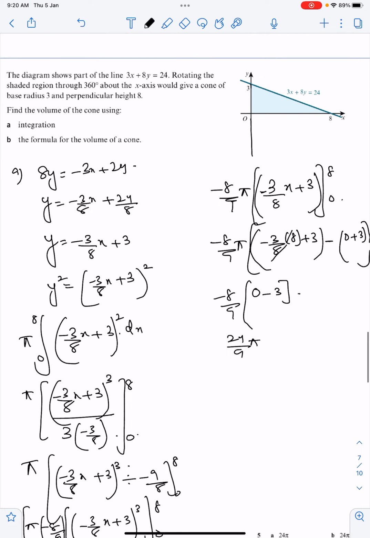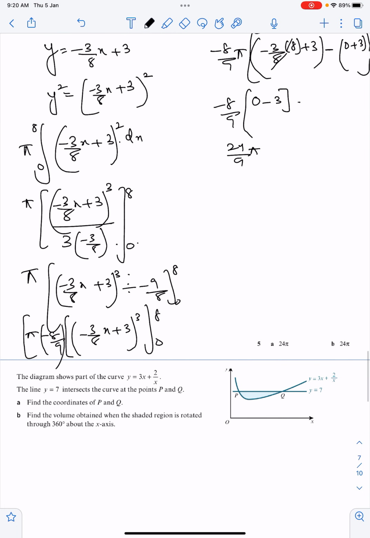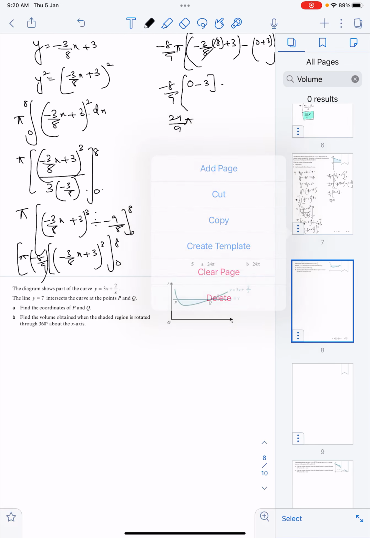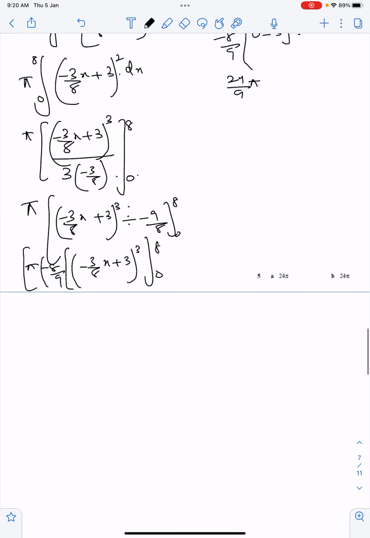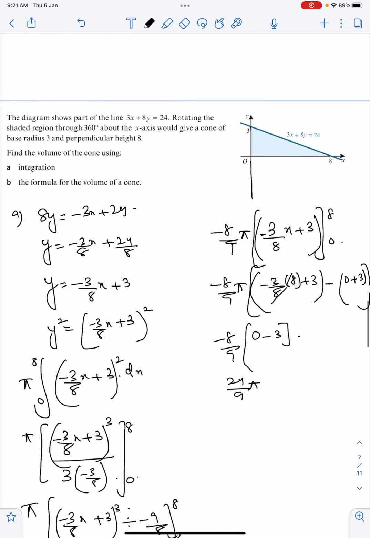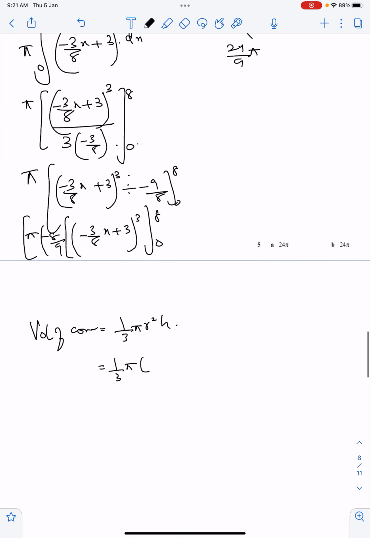Now, if I get the volume of the cone with the formula, let's see what I get. We know that the volume of the cone is 1 upon 3 pi r square h. 1 upon 3 pi, the radius of the cone is 3 and the height of the cone is 8.